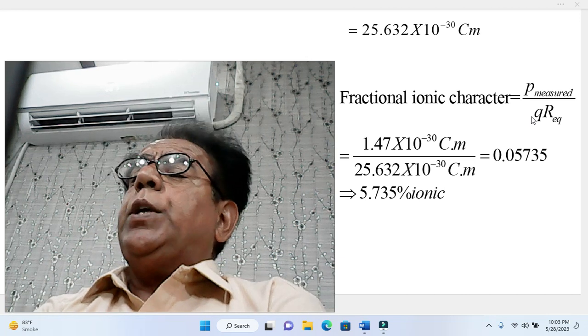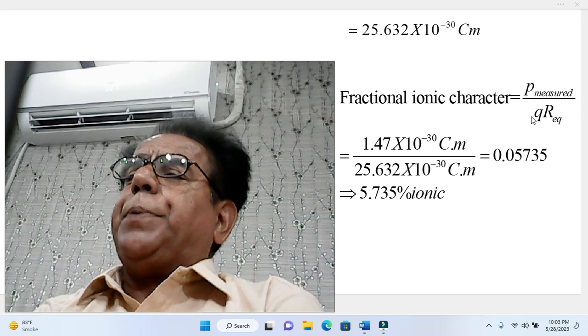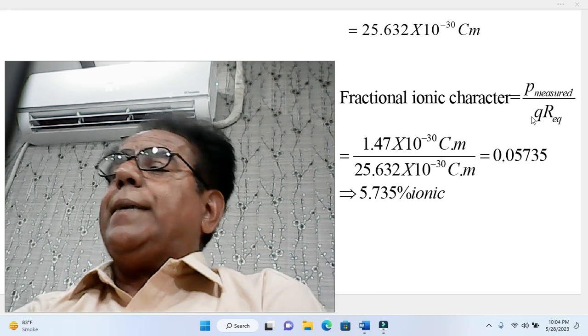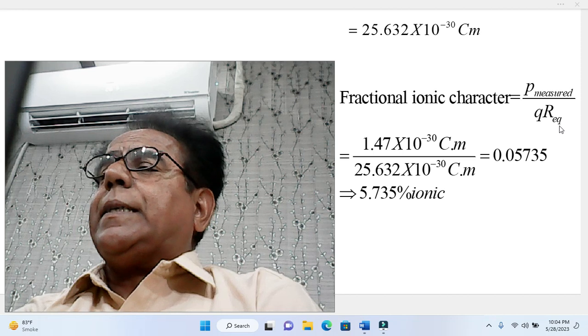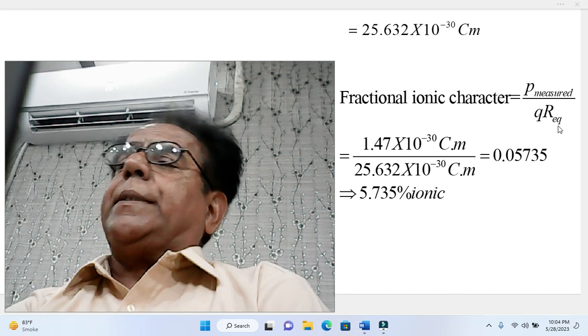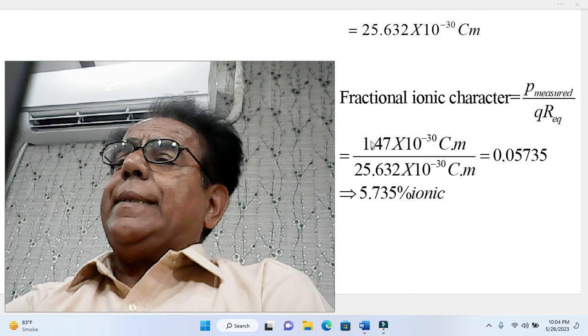Here EQ stands for equilibrium, and hence R stands for equilibrium separation.